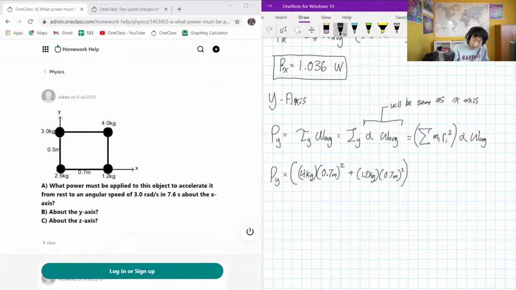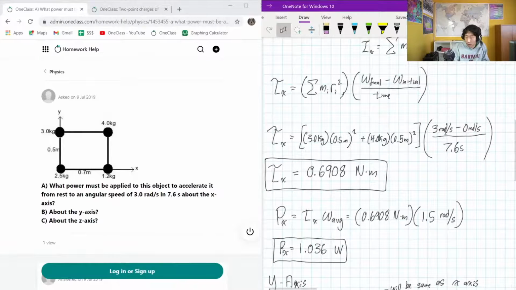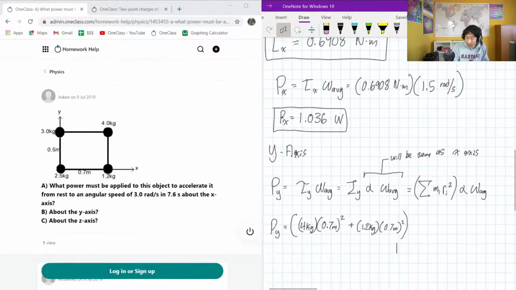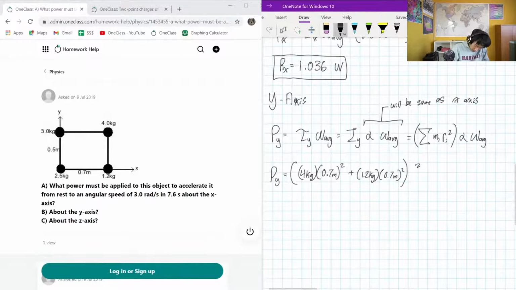And our calculation for alpha was 3 over 7.6, so 3 radians per second over 7.6 seconds. And our omega average was 1.5 radians per second.